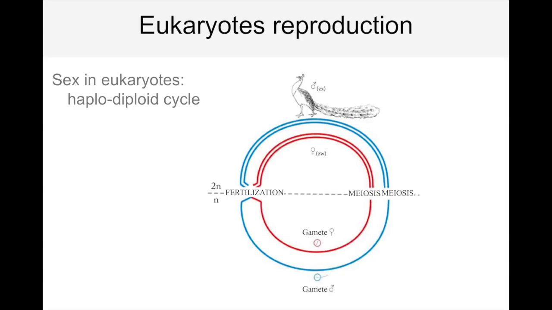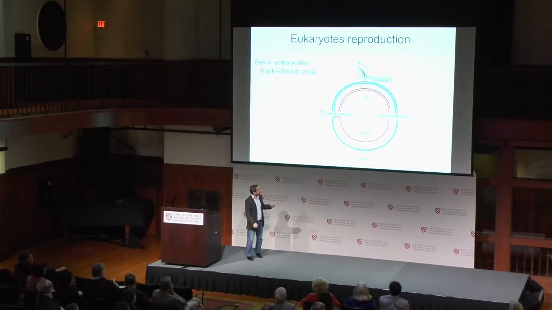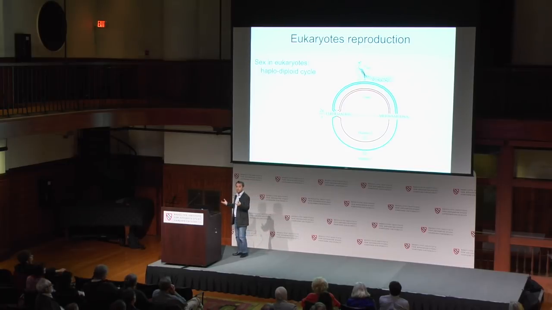So in the diploid phase, we are all diploids in this room, we have two copies of each gene, right? That's one from your father, one from your mother. You are diploid. So that's the individual in this phase. Then you've got this phase here where the gametes are haploid, right?